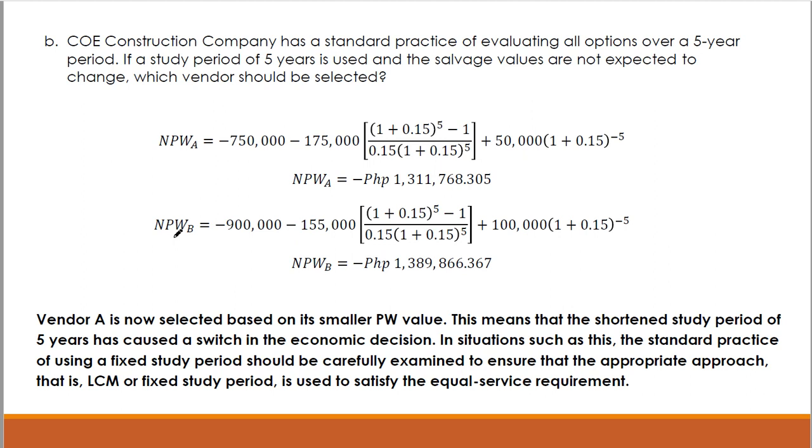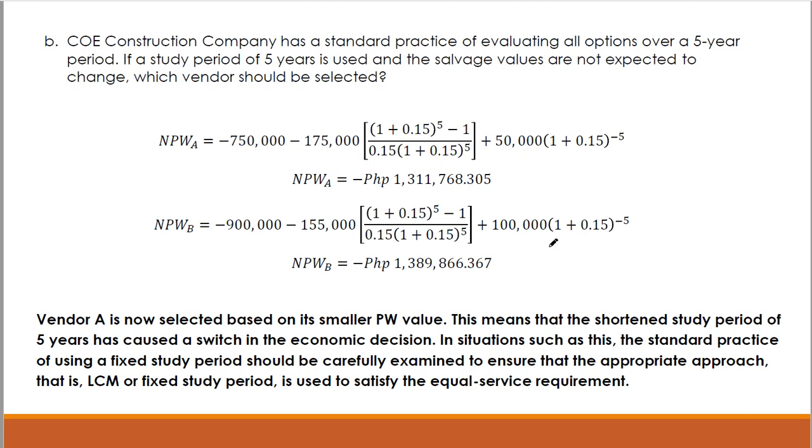So, lahat ng involved na cash flow within 5 years under vendor B, yun lang yung isasali natin dun sa computation. So, again, initial value or principal natin is 900,000. Annual maintenance and operations cost na 155,000. 5 years, take note. MARR is 15%. And then after 5 years, ang salvage value natin is 100,000. No? Hindi daw nag-iba, sabi dun sa problem.